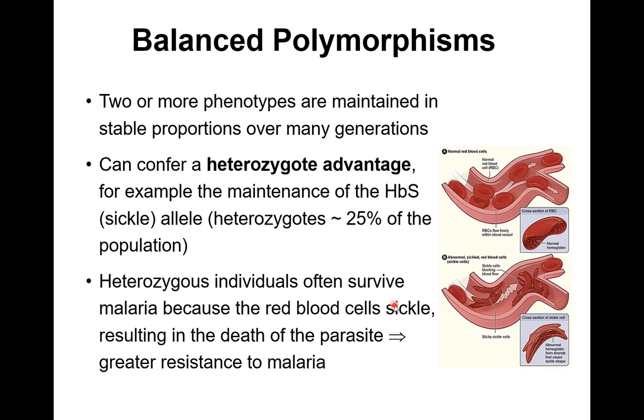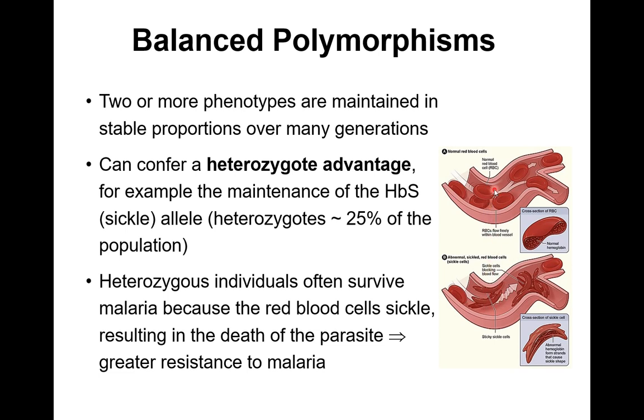Sickle cell anemia is caused by a single point mutation in the gene that codes for one of the subunits of hemoglobin, which changes basically one amino acid from hydrophilic to hydrophobic. The consequence of this point mutation is that the red blood cells lose their normal donut shape, and they get this sickle shape, right? It looks like a half moon.